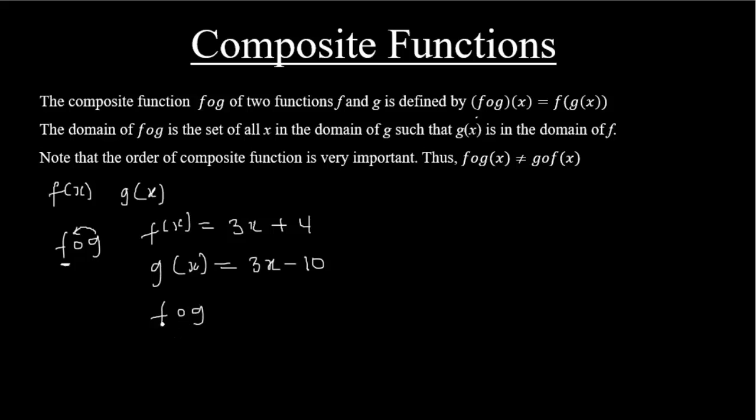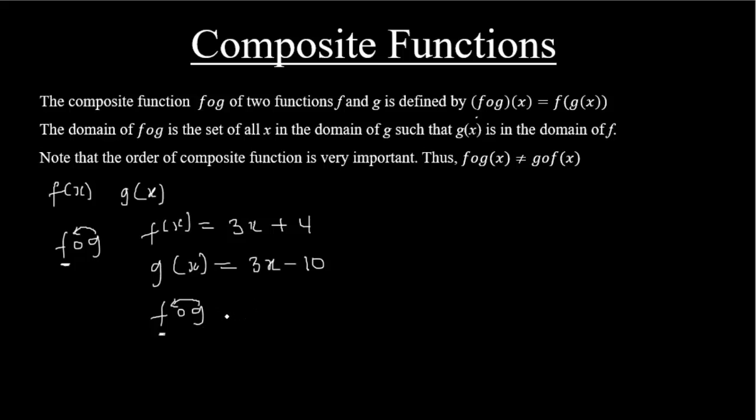So the composite function f of g here means wherever we see x in the function f, we are going to replace that x with the whole function g. That is the meaning of the domain of f of g being the set of all x in the domain of g, such that g of x is in the domain of f. So the whole function g becomes the x of the function f.